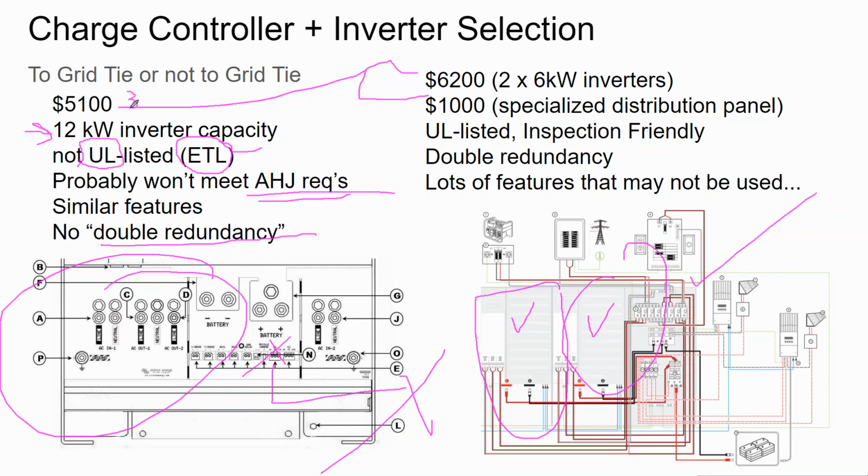And really this 12 kilowatt inverter is around 3,700 rather than 5,100. So I was looking at an Australian inverter, I think, when I did that pricing, and then I switched over to a Chinese inverter.